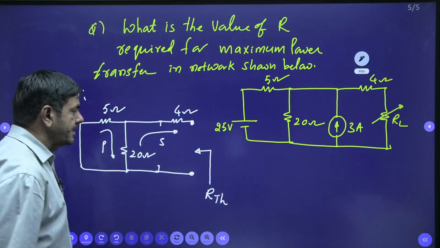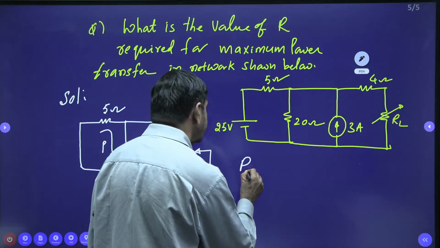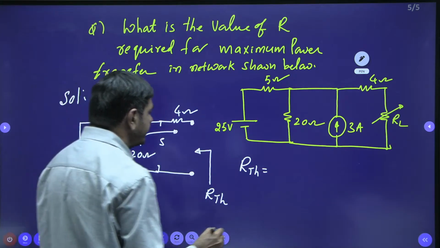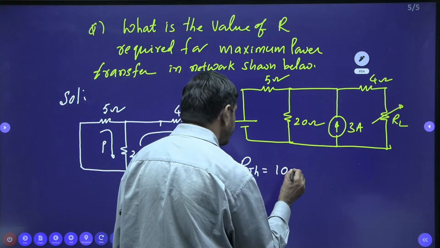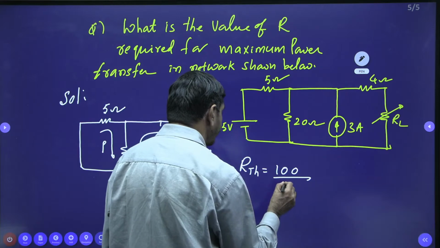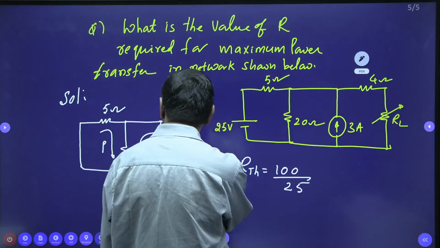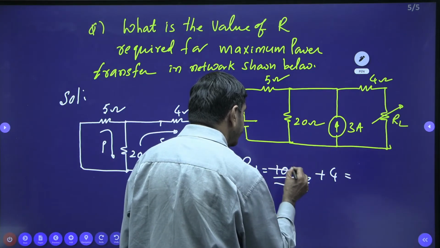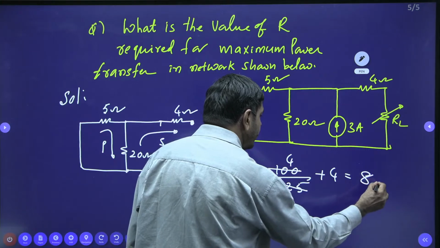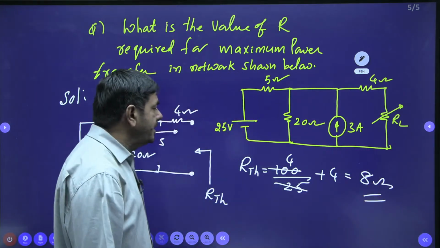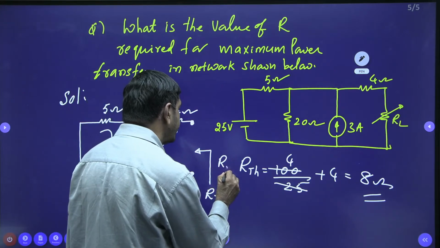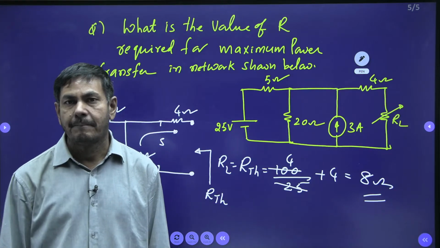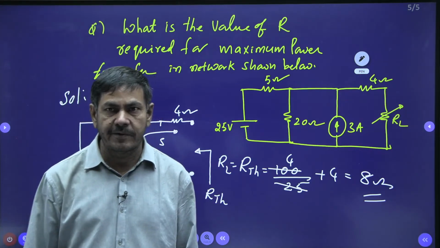I can write RTH is nothing but these two in parallel, 20 into 5, 100, divided by 5 plus 20, 25, plus in series the 4 ohms. 25 over 25 we can cancel. 4 plus 4, 8 ohms I can find. This RTH is equated to RL. RTH and RL are the same, as per the maximum power transfer theorem. That way we can tackle this question.